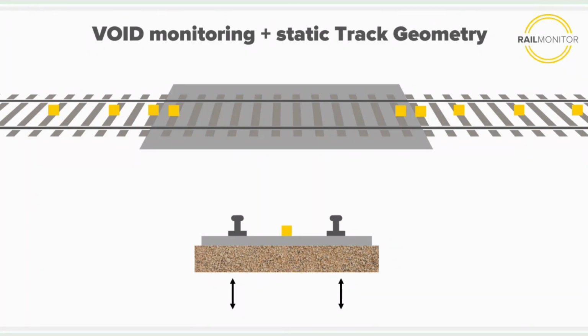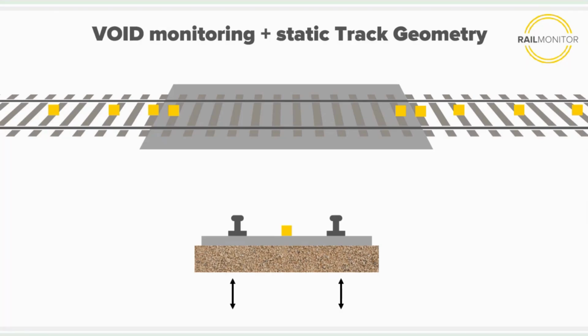In this case, we are focusing on the void monitoring, meaning the deflection of the track when the train is passing, but also static track geometry like cant and twist. In this case, we are placing the sensors on the first part of the stiff element, which is the bridge on both sides, and then on the sleepers next to the bridge in the transition zone.